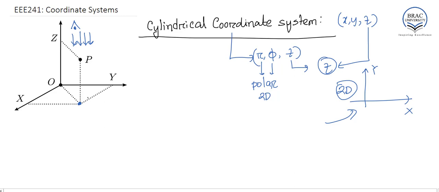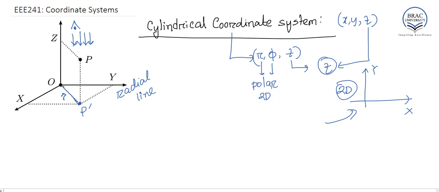Okay, so let's just recap the polar coordinate system over here. So let's say this point, to get to this point, we would have to cover this length over here. So let's name it P prime, for example. So OP prime might be called the radial line, all right?